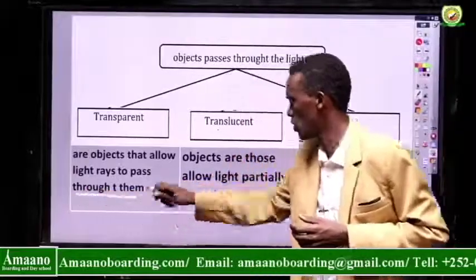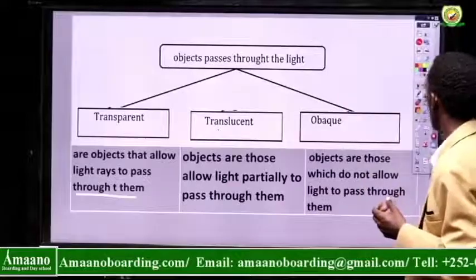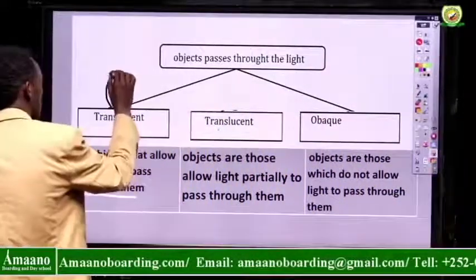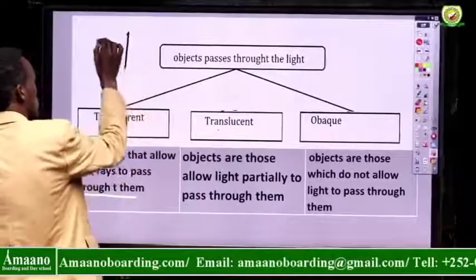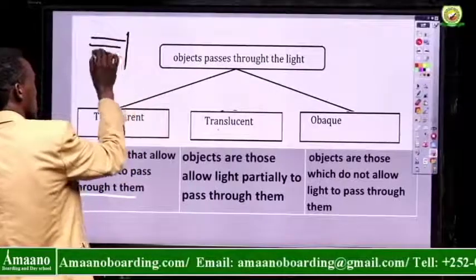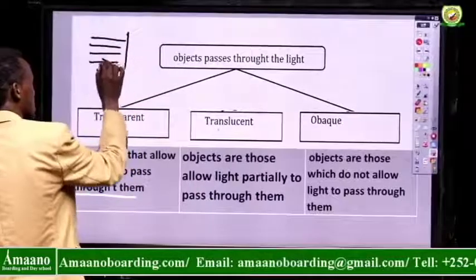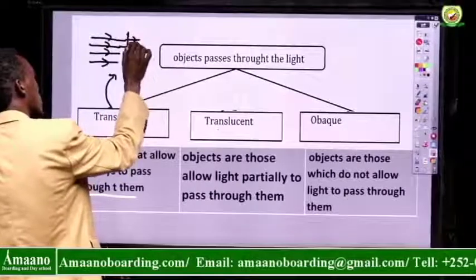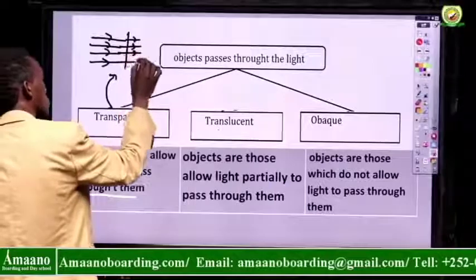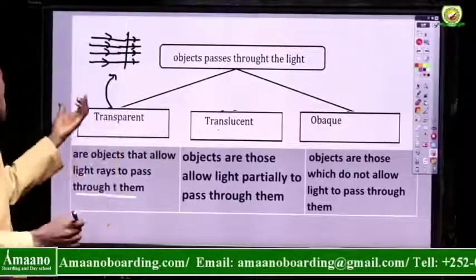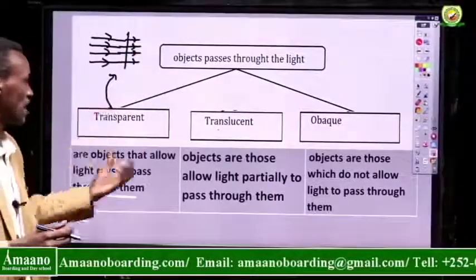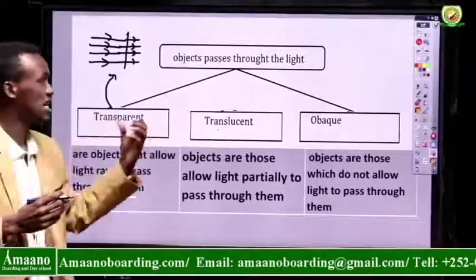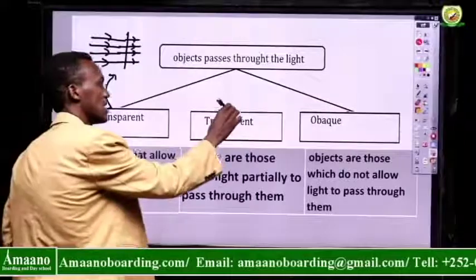Okay, so transparent objects allow light rays to pass through them. For example, this is a transparent body. When the rays of light enter this transparent body, it lets all of them pass through. So that object is called a transparent object. Translucent objects allow light partially.